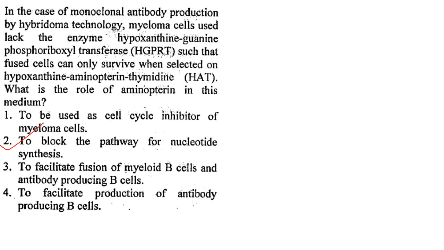What is the role of aminopterin in this medium? So aminopterin is used for blocking the nucleotide biosynthetic pathway. So the answer here is option 2, to block the pathway for nucleotide synthesis. These are all direct questions, that's why I am not going much into explanation.